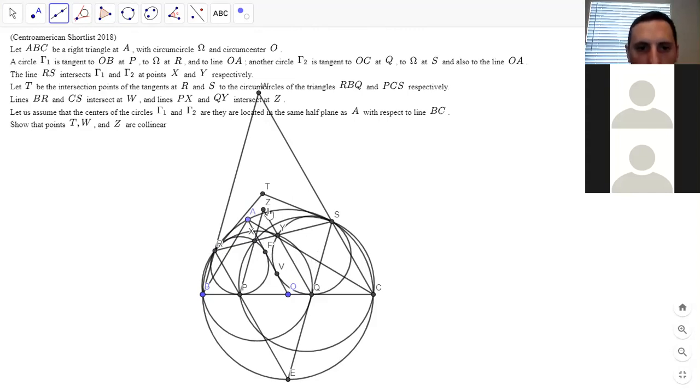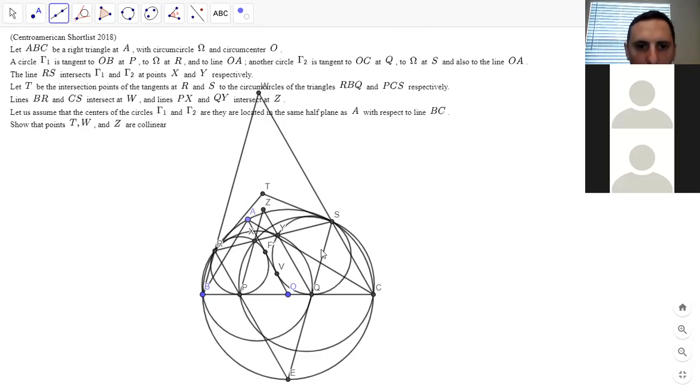So you want me to draw the radical axis of those two? I think it's enough to prove that these two circles' radical axis is the same as the other two circles' radical axis. Okay. So how do we know Z has the same power with respect to those two?